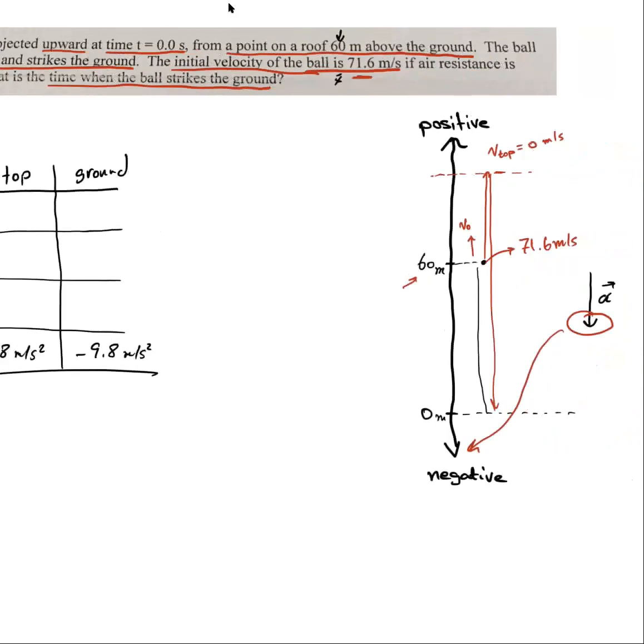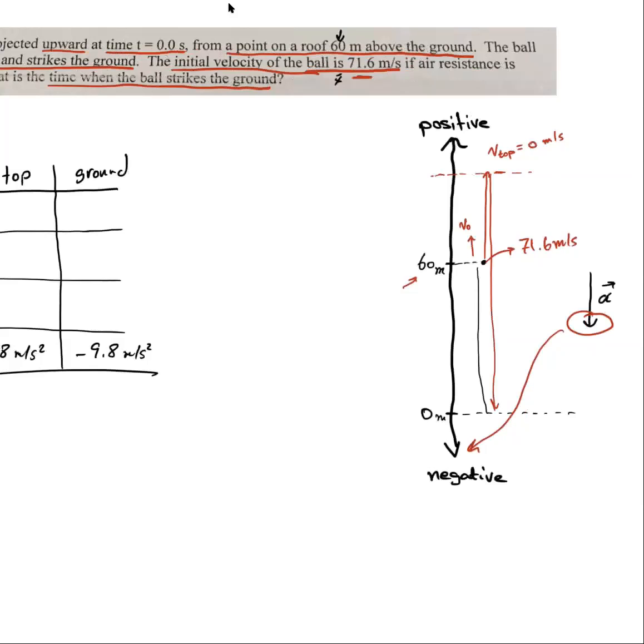Well, for this specific question, they're asking us about the time, the time spent to go up and to go down. Depending on our knowns and unknowns, we're going to run into a situation where it will give us the incorrect answer.